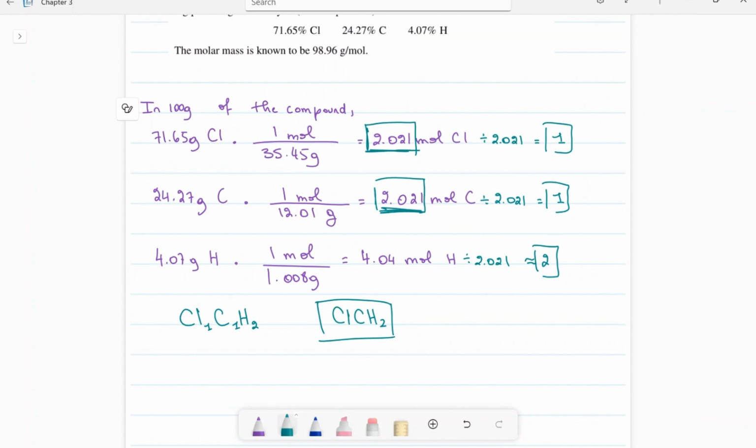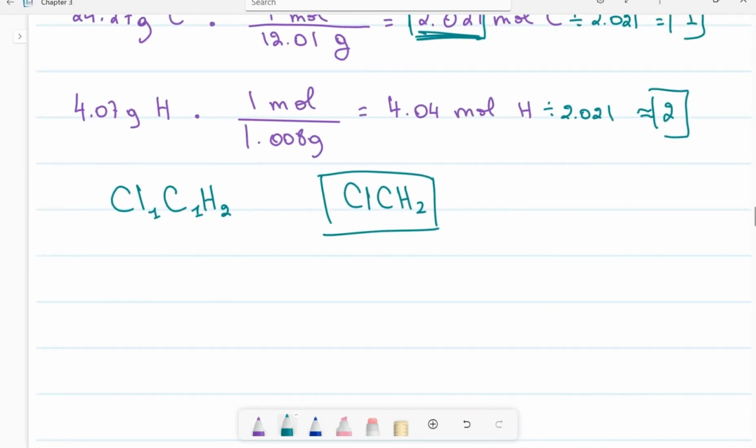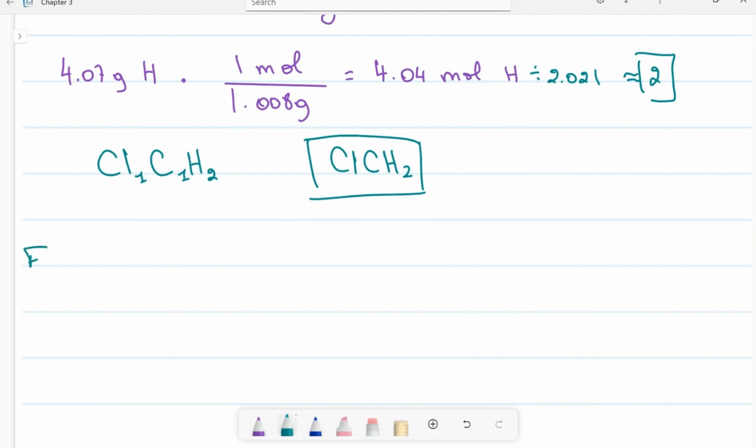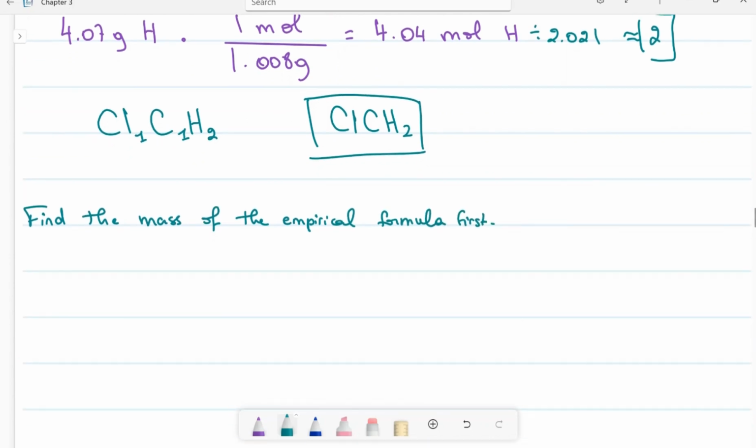Now, moving on, how do we find the molecular formula? To find the molecular formula, find the mass of the empirical formula first. So, let's do that.